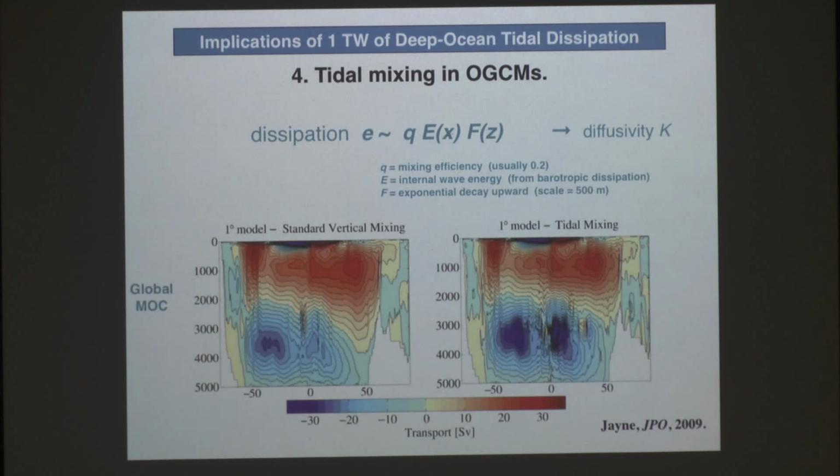And you can see in his results, these are zonal averages of the currents. Things don't change too much 1,000 meters and above, but in the deep ocean, the currents are a lot more intense. So it makes a difference. And like I say, a lot of people have been doing that, but the details really matter.